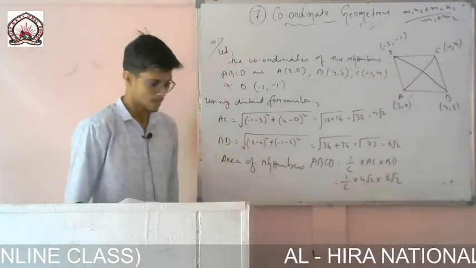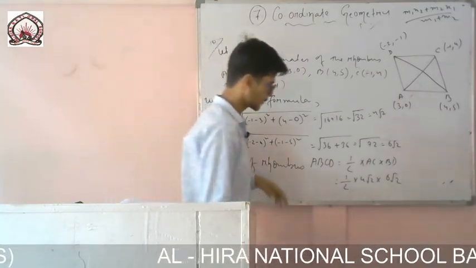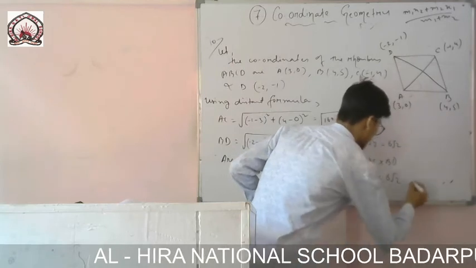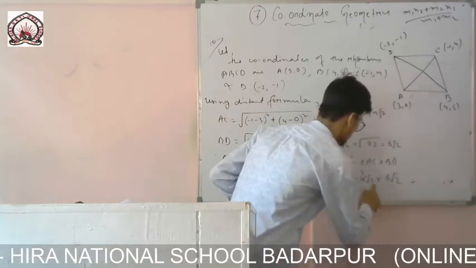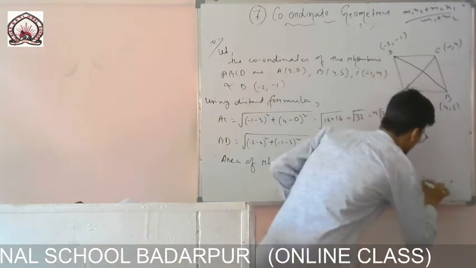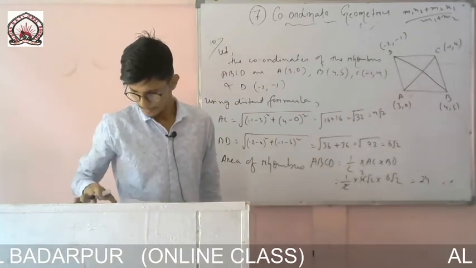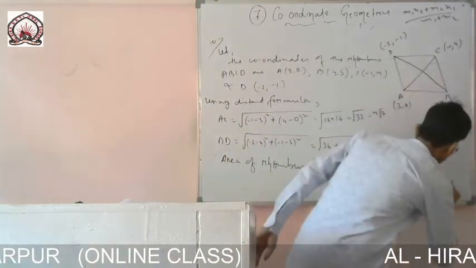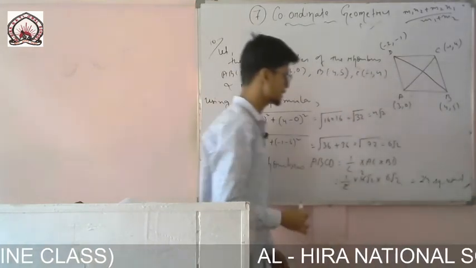Calculating, the 2 and 4 cancel, root 2 into root 2 is 2, and 6 twos are 12, 12 twos are 24. Since it is about area, the answer will be 24 square units.